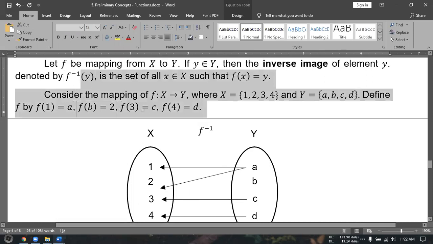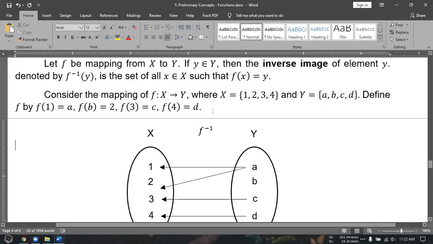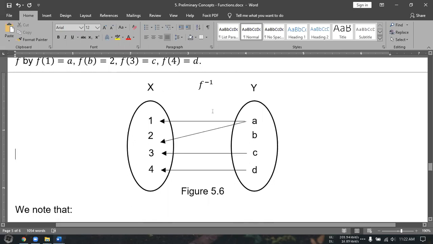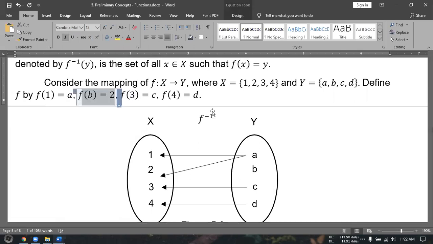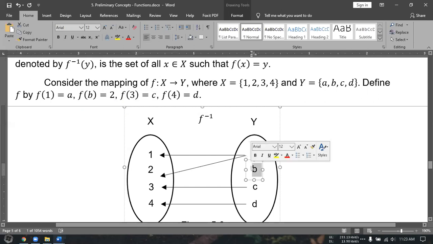Is this related to this map? Related ba siya sa map na to? I don't think so. Siguro meron akong typo error dito. f of b is equal to 2, where in our given, we can clearly see that b here is not an image. Tingnan ko lang, verify ko lang.